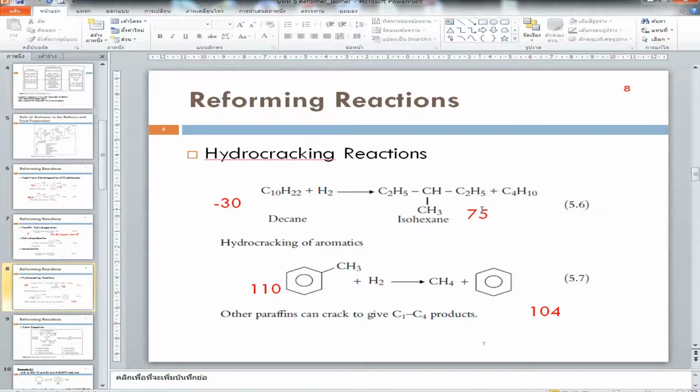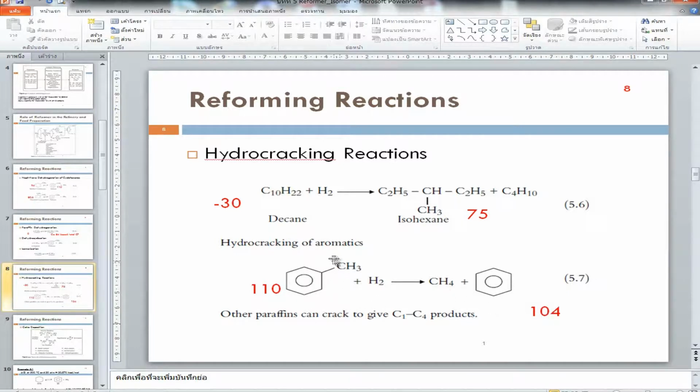However, another hydrocracking process of aromatics is also involved to reduce some hazardous chemicals, but it does not reduce much in terms of octane number.